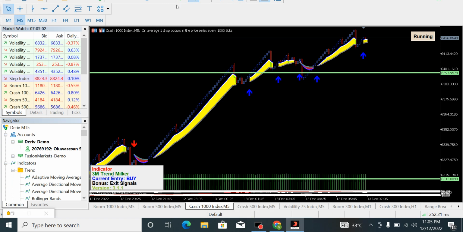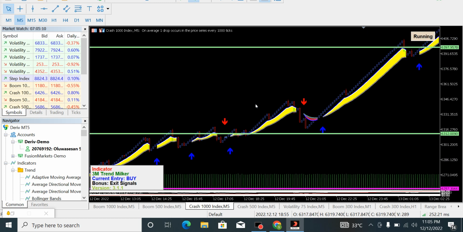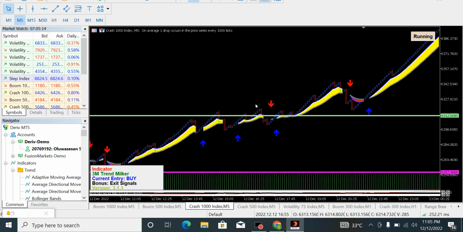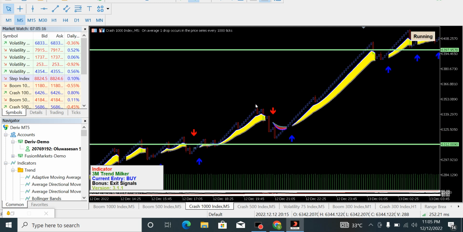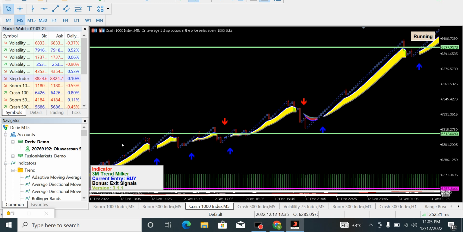Okay guys, like I have said earlier on, this is crash. You can see the market is on uptrend around here, and you can see that it kept on buying and buying, with little crashes happening.